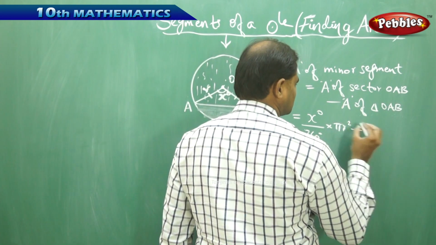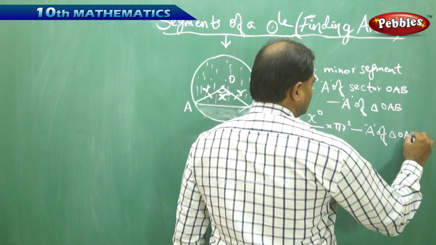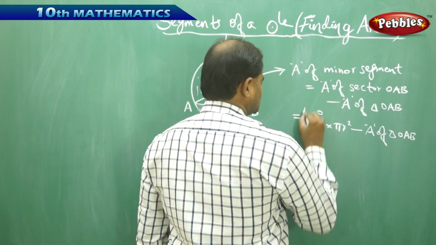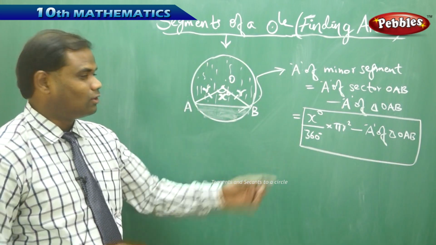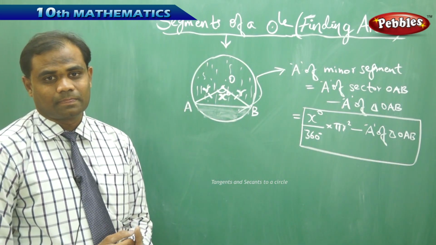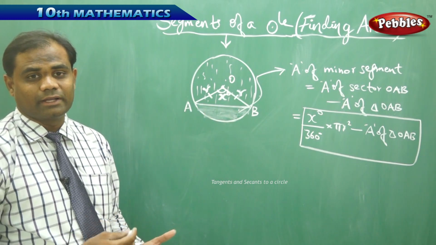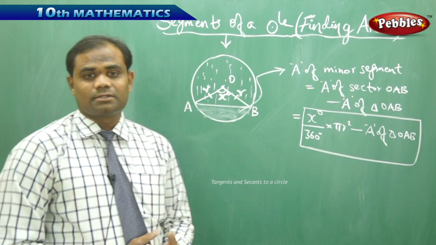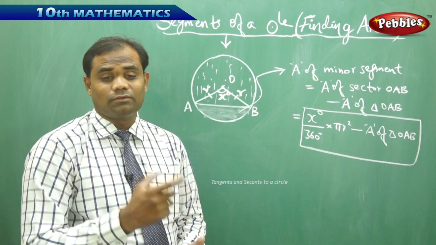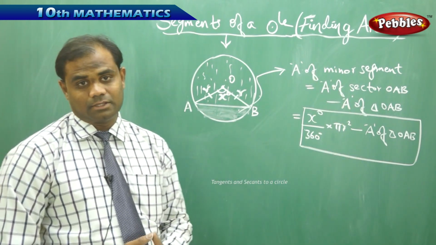That is the derived formula for the area of the minor segment. Next comes the major segment. How do I find the area of the major segment? The area of the major segment can be found if we know the area of the minor segment.